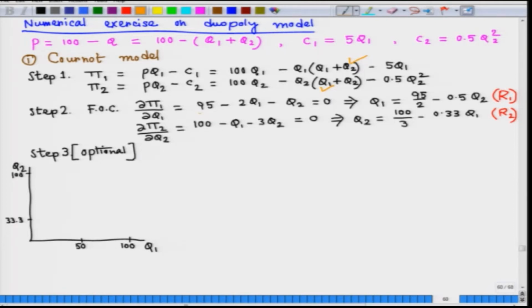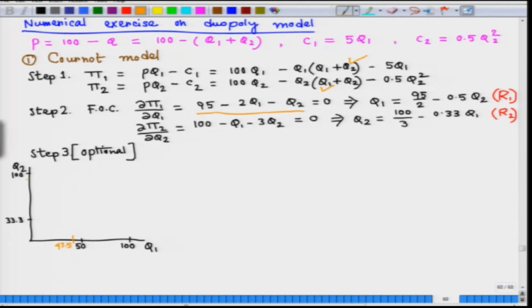So, that comes from this first order condition, and if I want to plot that, then I am going to get a Q1 value close to 47.5, which can be here, and the corresponding Q2 value would be 0, and if I now plug in the value Q1 equal to 0, then Q2 takes the value 95, right.